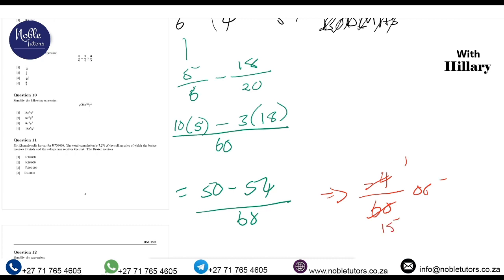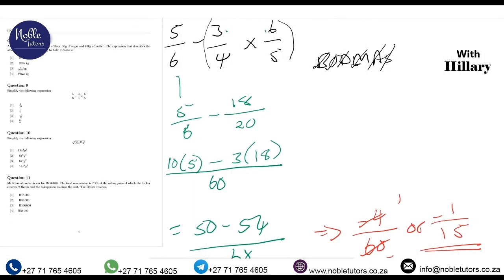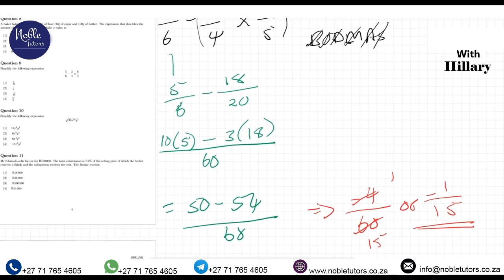So our answer will be minus 1 over 15. That will be our answer. So you need to remember that. Basically, that's part of the lesson that we need to cover today when you're dealing with a fraction. We're going to deal with this in further detail in our next section.